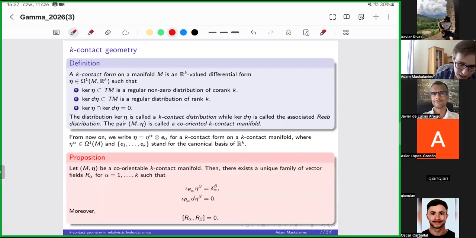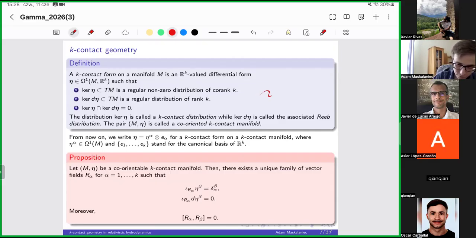So, a K-contact form on a manifold M is an R^K-valued differential form eta such that the kernel of this R^K-valued differential form is a regular non-zero distribution of corank K. The kernel of the exterior derivative of eta is a regular distribution of rank K, and the intersection of those two kernels is zero.